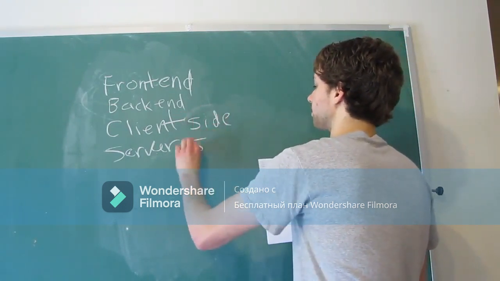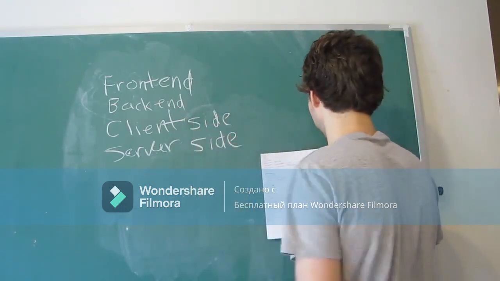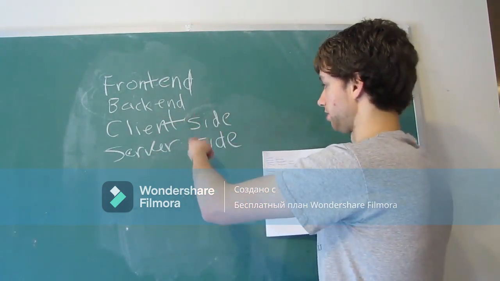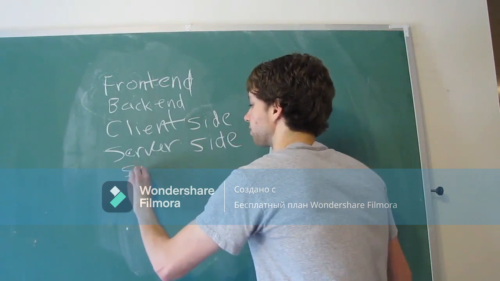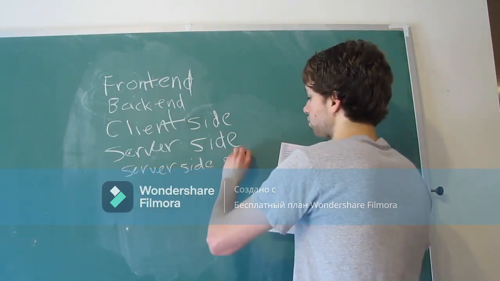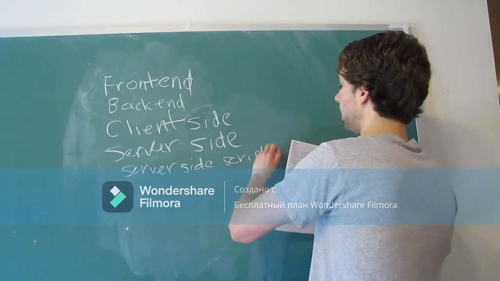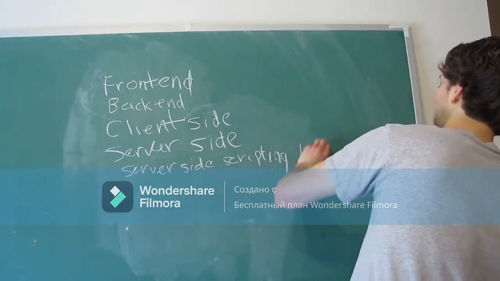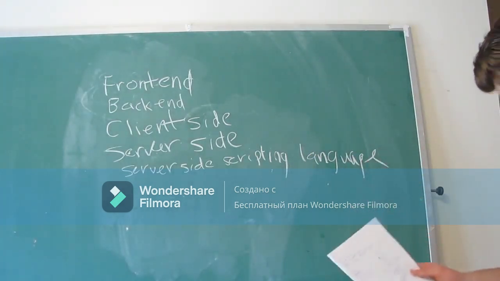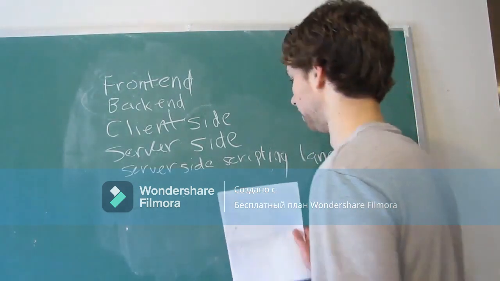Client side and server side. And we communicate from the client side to the server side by a server-side scripting or programming language. Oh, that's huge. Whew, now my hand's tired.